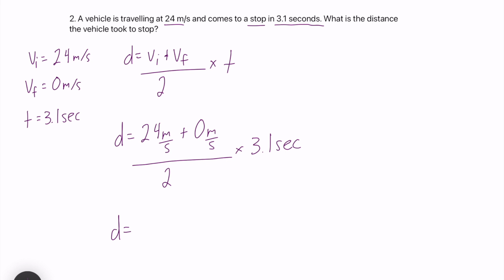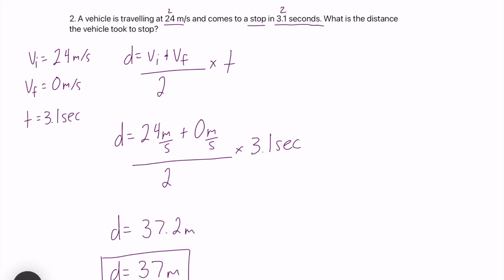If you do type it into your calculator, you should find that you get a distance of 37.2 meters. Looking at significant figures here, we have 2 and 2, so I'm going to round this to 37 meters. So it took 37 meters for this vehicle to stop.